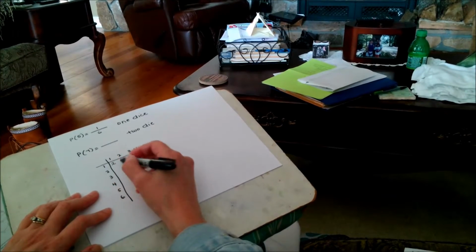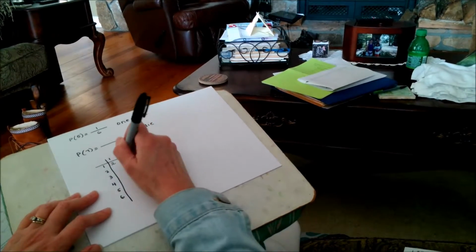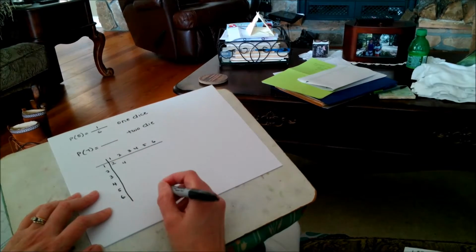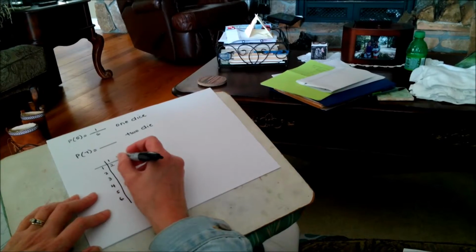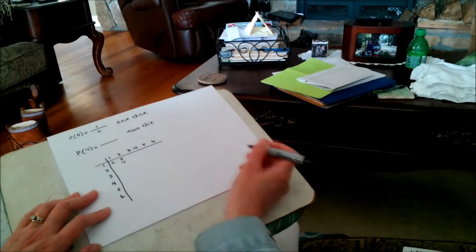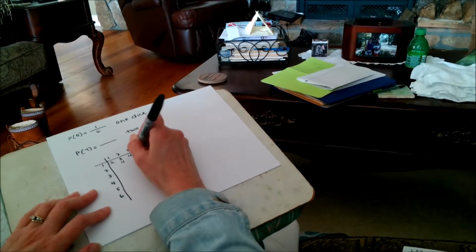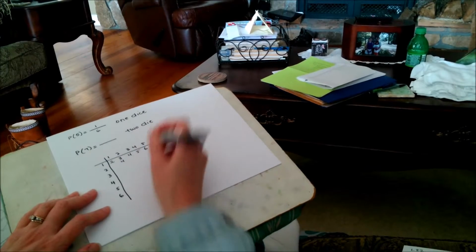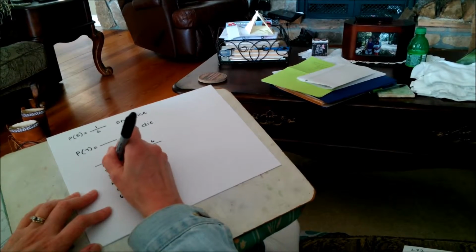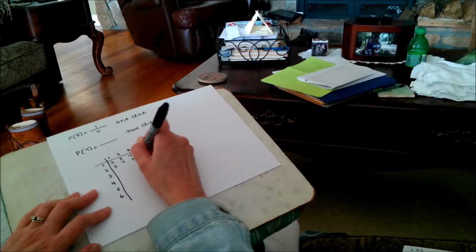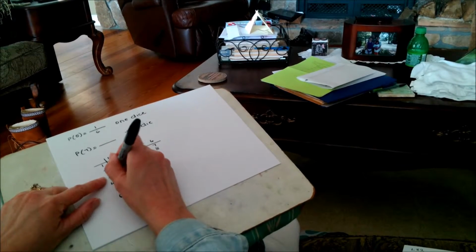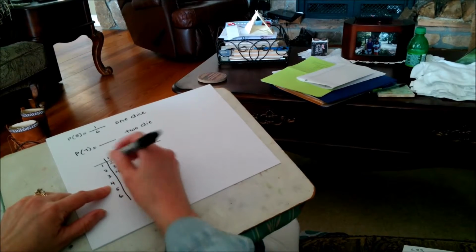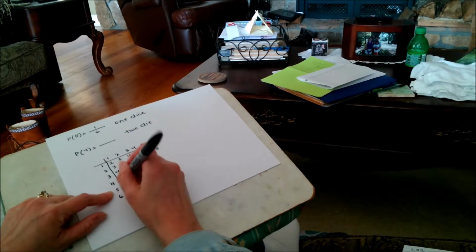If they both land on 2, then my sum is 4. So you can see we can fill this chart in. If one of them's a 1 and one of them's a 2, then my sum is 3. A 3 and a 1 gives me a 4. A 4 and a 1 gives me 5.